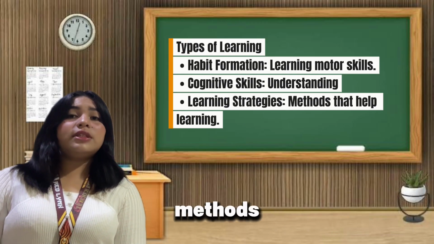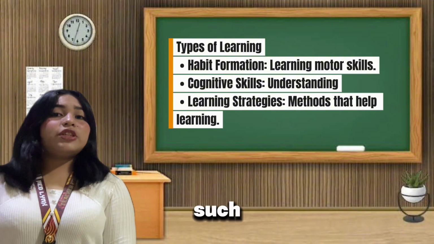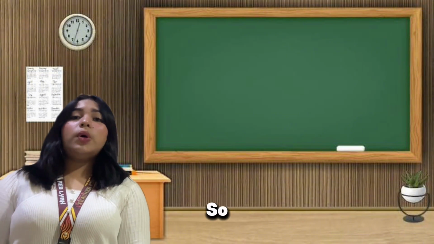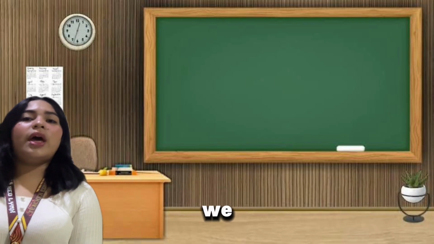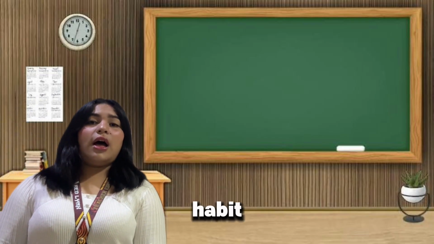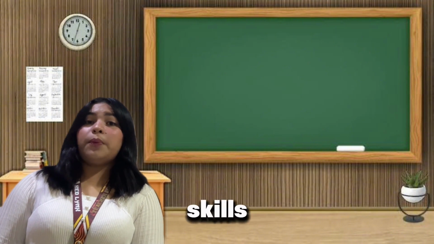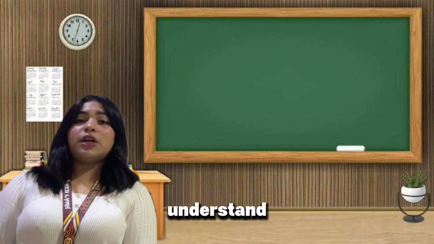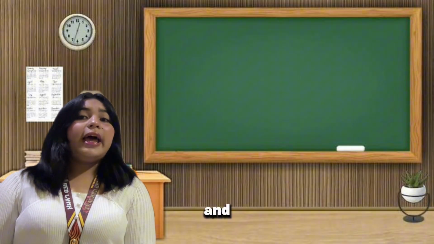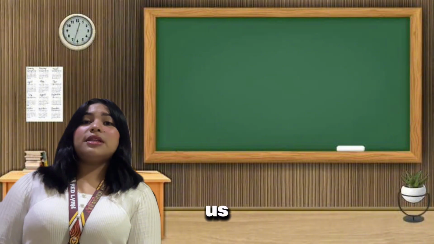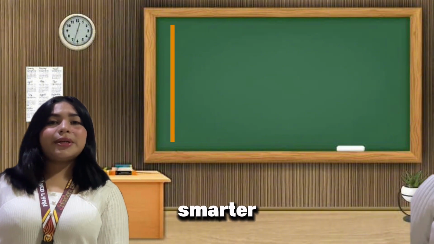These are methods that help learning, such as note-taking and mind maps. So, there we have the different types of learning. Habit formation helps with physical skills, and cognitive learning helps us understand subjects deeply. And lastly, strategies like summarizing help us learn smarter.